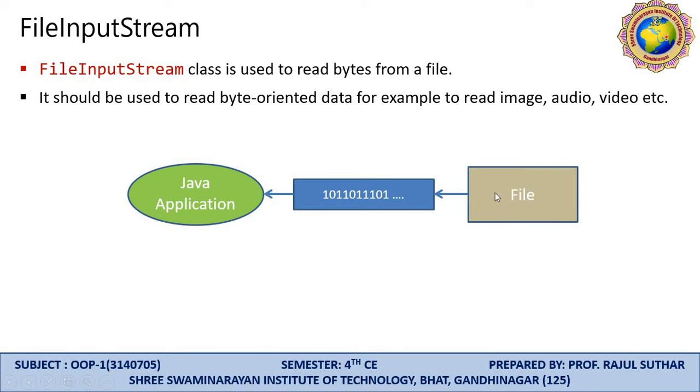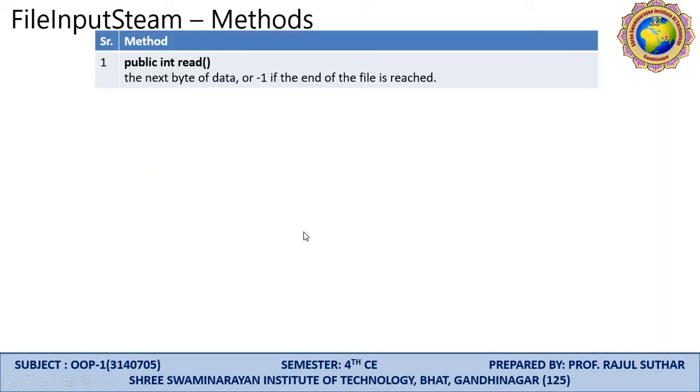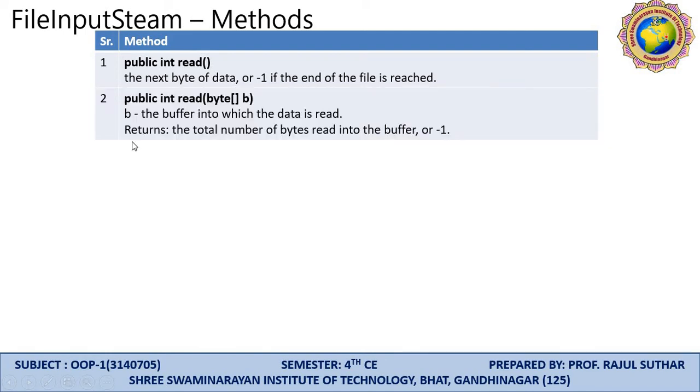So the file is our source, and this file is converted into a binary stream by using the Java application's FileInputStream class. Here, public int read(): we read the data, so the read method is used. It returns the next byte of the data, or -1 if the end of the file is reached.